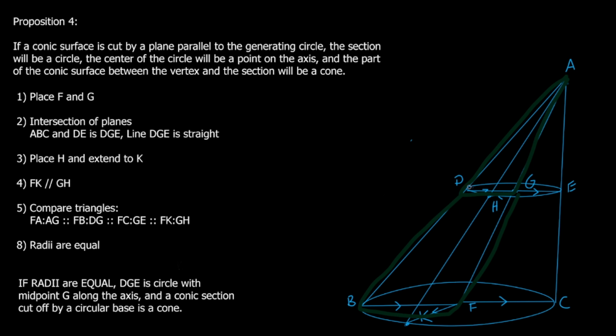But you can see that this angle is equal to this angle, the same angle, this angle is equal to this angle. So this would make these similar triangles because we know that these two lines are also parallel.